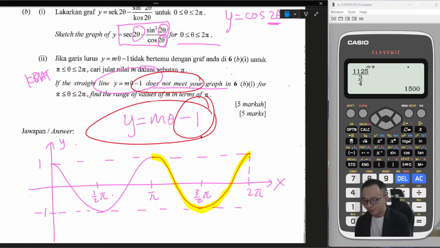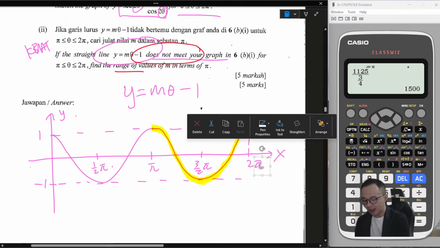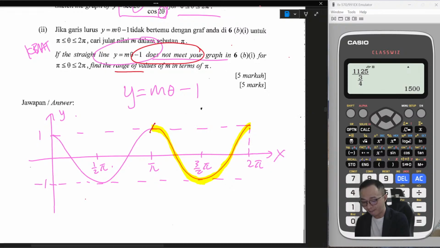So what I'm thinking is, you need to have a line. And then they want the range of the m. So I would say, if I have the line from -1 to here, then I will intersect at pi, right? But if my gradient is bigger than this, you can see it doesn't intersect the graph anymore. Do you see that? Here you still intersect the yellow highlighter graph at 1 point.